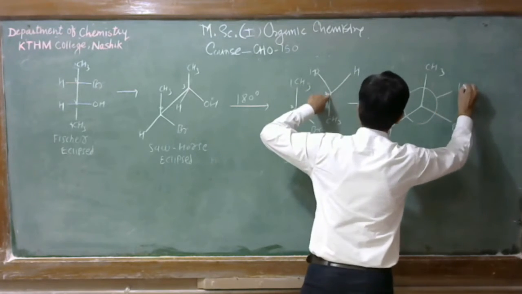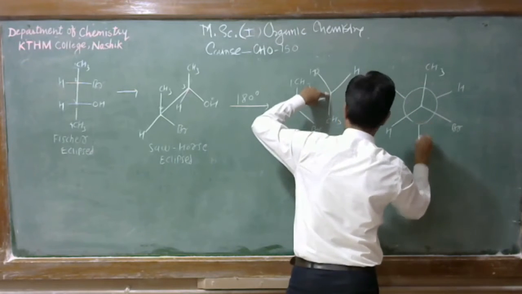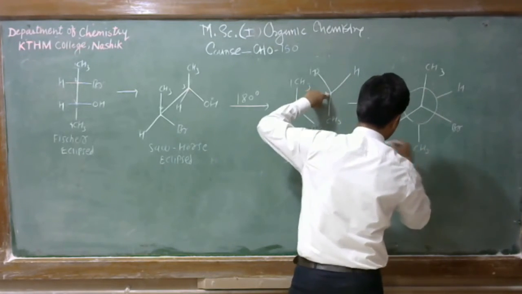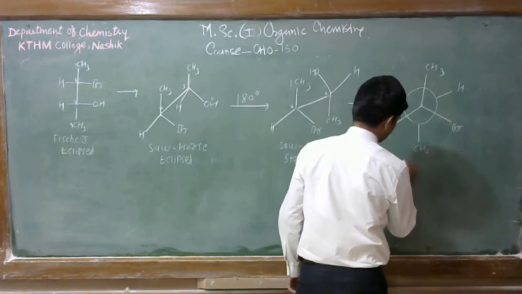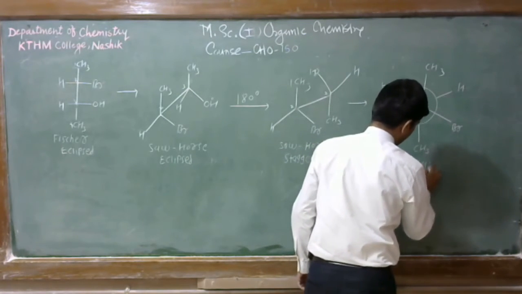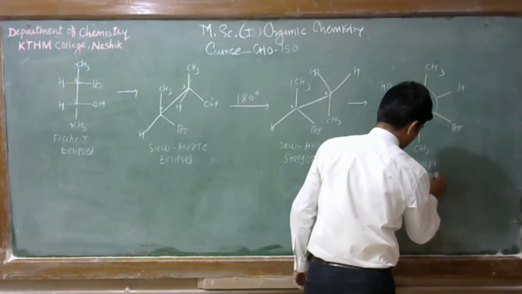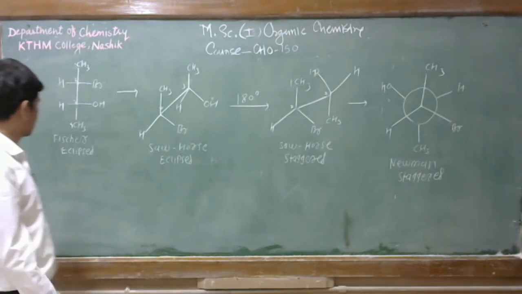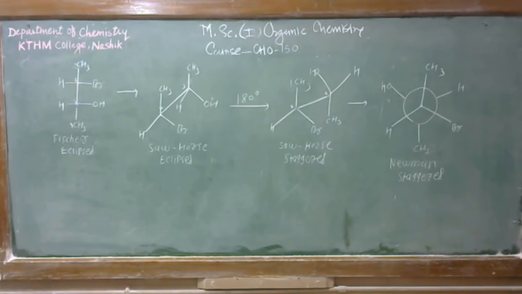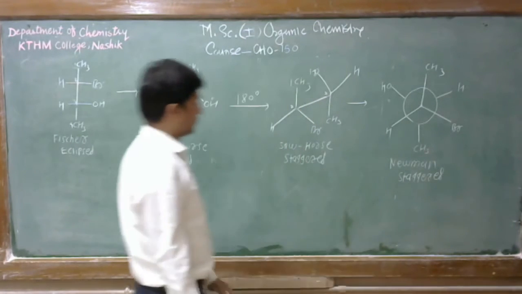Then this is hydrogen to the right, hydroxyl group to the left hand side, and this CH3 is to the below side. So therefore this is the Newman projection formula in staggered form.